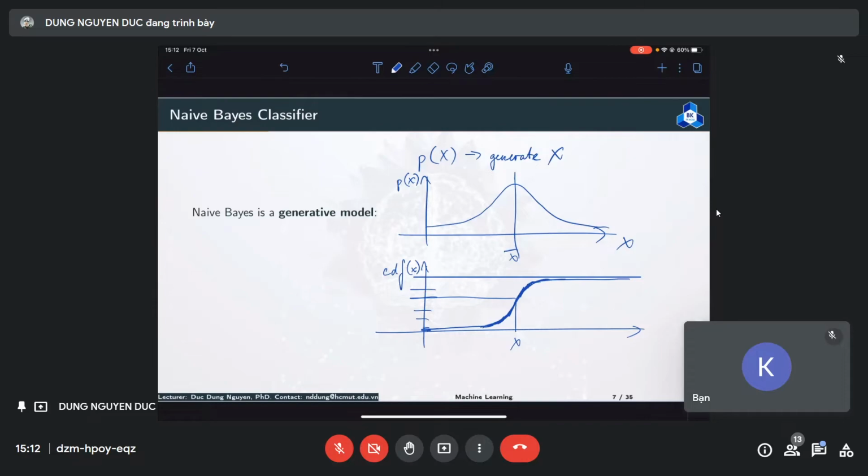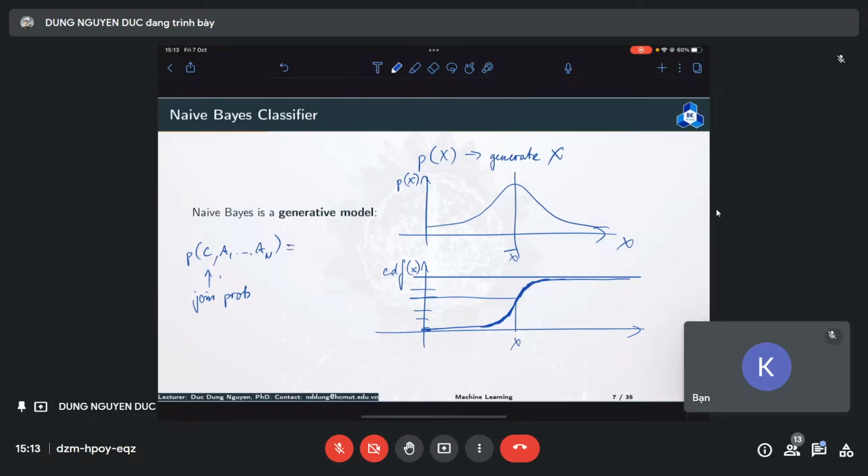So that is why they say naive Bayes is a generative model, because you can easily calculate the joint probability of the class and all of A1 to AN. This is the joint probability. Now, if you have the joint probability, you can generate the data.